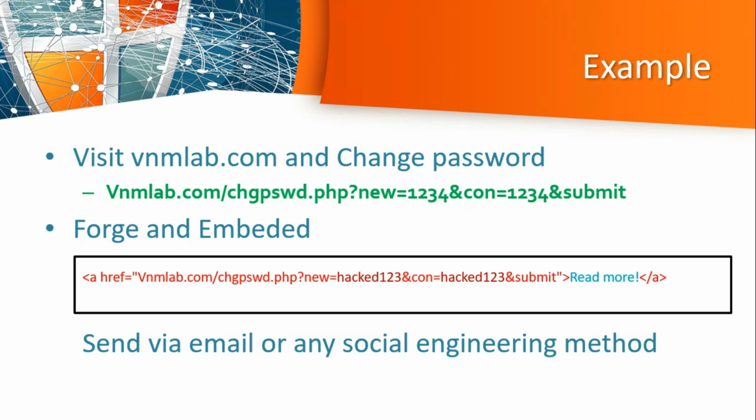So he set this password and embedded it in a particular HTML form. Somehow he used social engineering tricks to send it to the victim, and somehow the victim clicks on that particular link and submits this request.